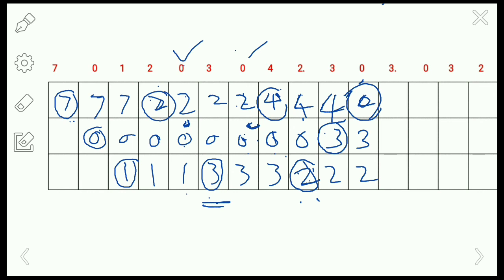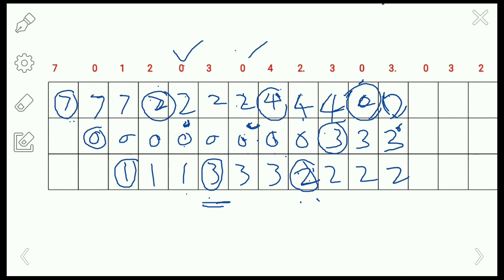So next one, 3. So 3 is already available in the main memory, so there is a page hit for this 3. So we are going to mark the 3 value, right?